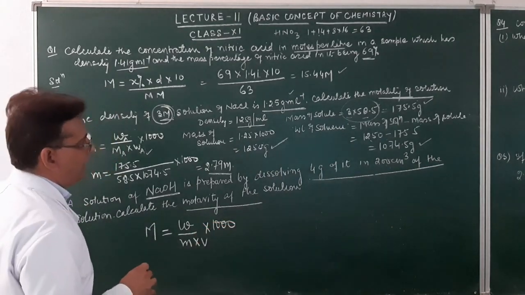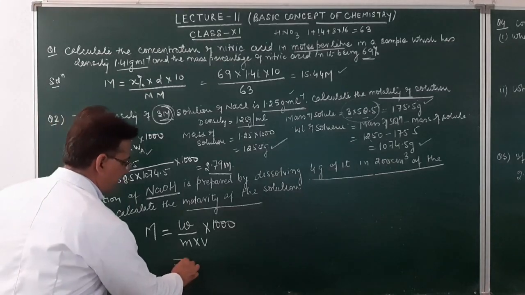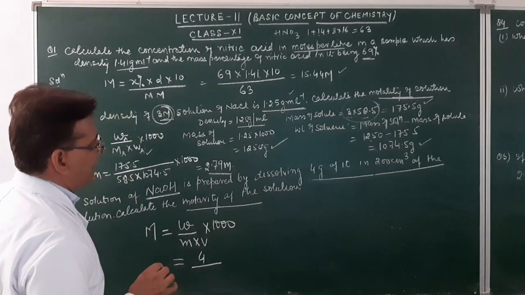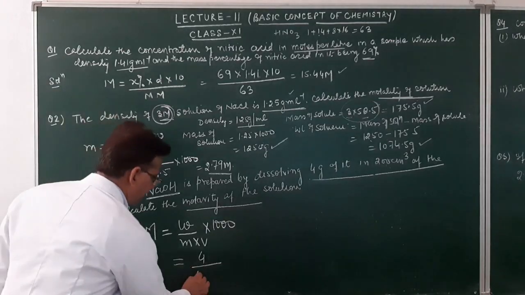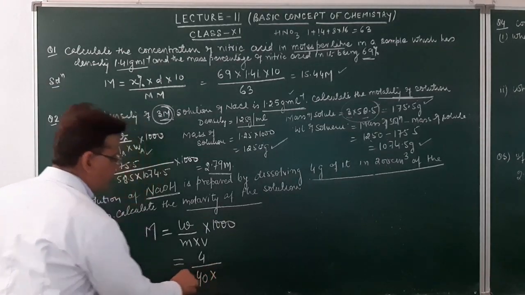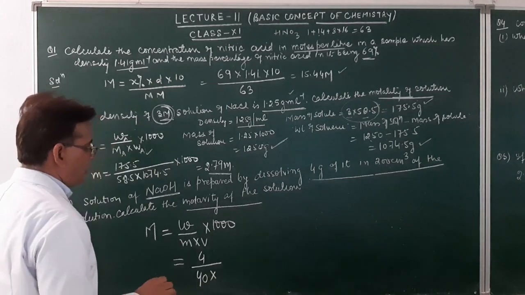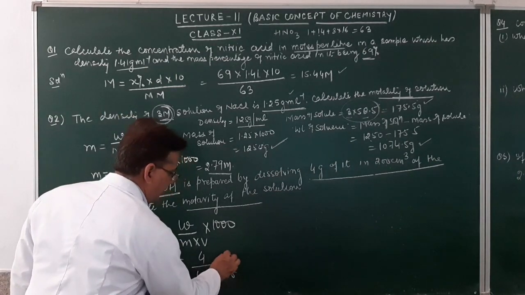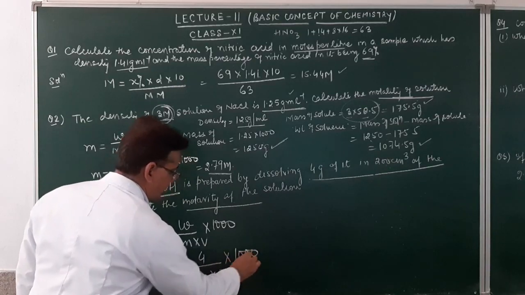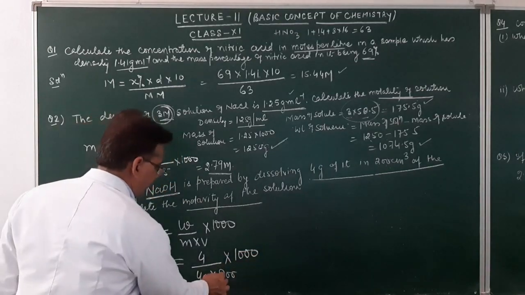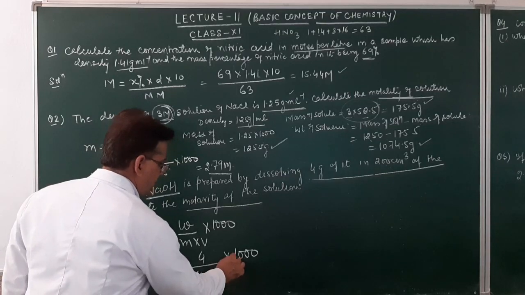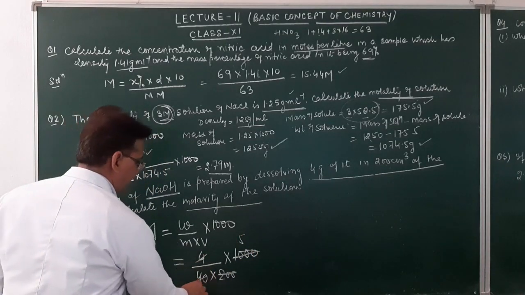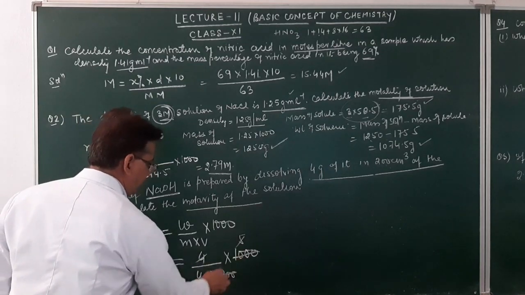What is the given mass over here? It is 4 gram. What is the molecular mass over here? It is 40. What is the volume over here? It is 200. I told you if volume is in milliliter, then in the formula you have to multiply it by 1000. We can solve it over here. This will be 5 times, and then this will be 10 times, and this will be twice.